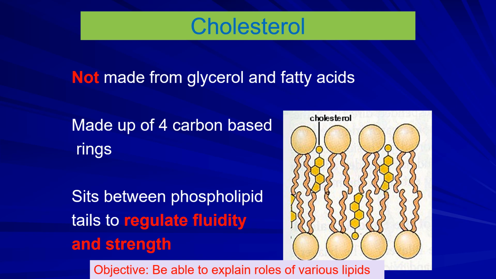And what the steroid molecule does is it sits between the phospholipid tails in the phospholipid membrane, so there's one there, okay, and it will regulate the fluidity and strength of the membrane. And again, we'll have a look at how it does that in the membranes video. But just important that you're aware of it. Cholesterol often people associate as a bad thing, but it's an essential part of your membranes regulating the fluidity and strength of the membrane.